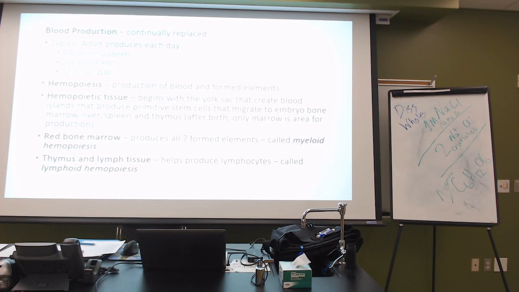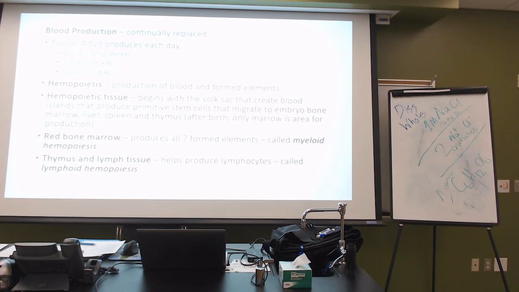The tissue of the body where this occurs, we refer to as the hemopoietic tissue. Gotta give kudos for the term, making it sound poetic. Hemopoietic. It begins at the time of the forming of the yolk sac. Egg and sperm meet, fertilization occurs, one becomes two. We begin at the point of the yolk sac.